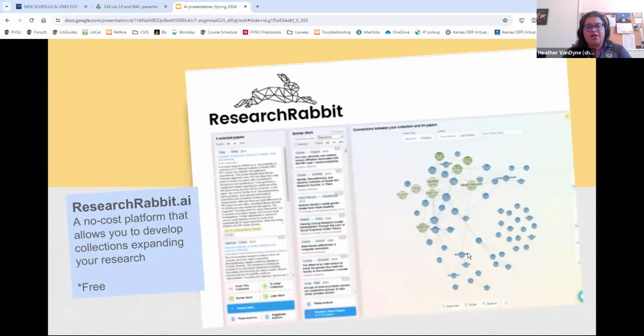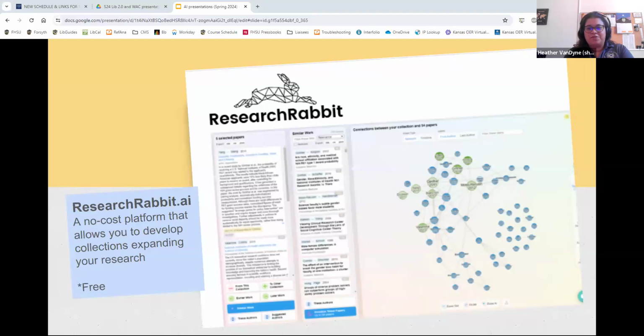This does have a Zotero integration, and you are able to search articles and develop collections based on the subject matter, authors, the particular journal, and just see how they are interconnected. Searching is very easy. You can enter title, keywords, or DOI, and it really helps take research to the next level.